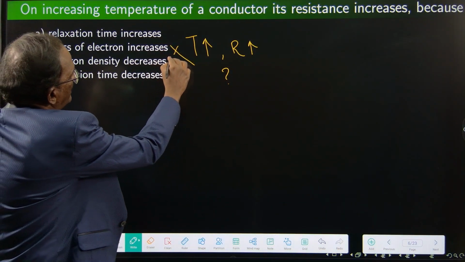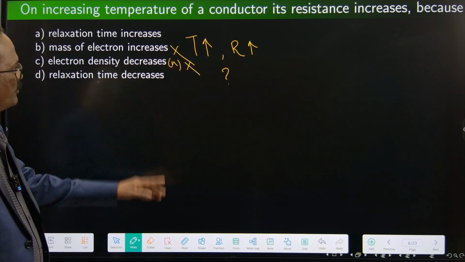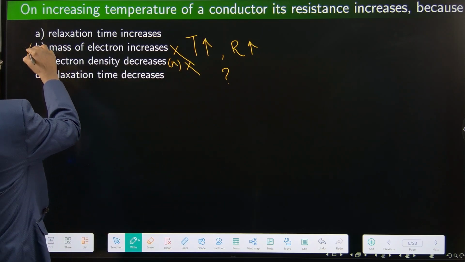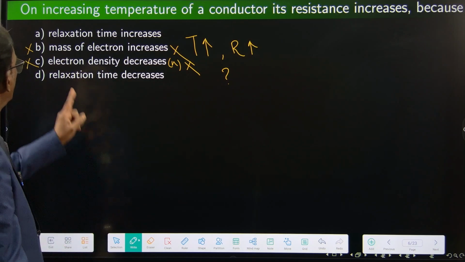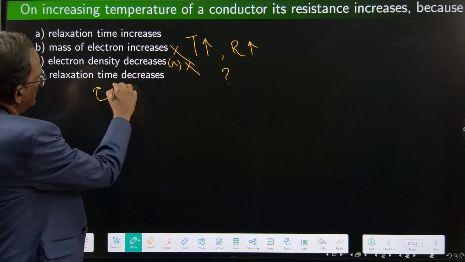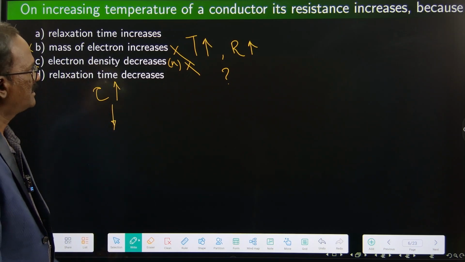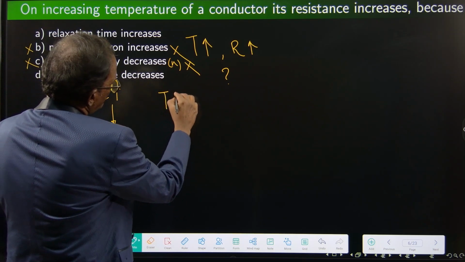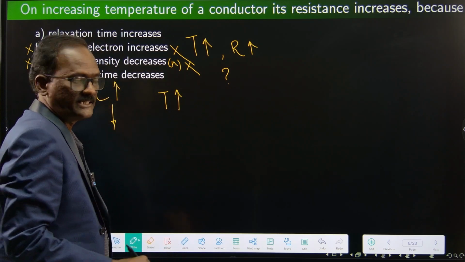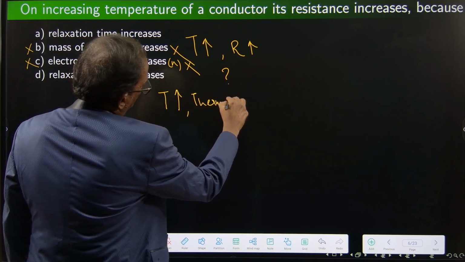Electron density n for the material is going to be constant. So B and C are wrong answers. Only the relaxation time, whether it is increasing or decreasing, we have to find. If temperature is increased, thermal energy will be increased.